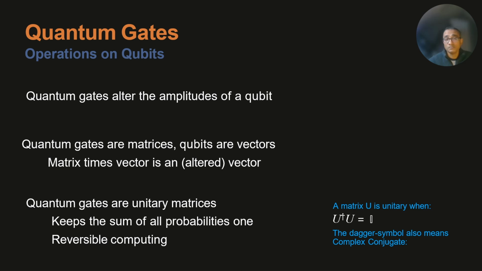How is a unitary matrix represented? It's represented by the symbol U, and when will you call a matrix a unitary matrix? It is when the matrix multiplied by its complex conjugate results in a square matrix with 1 on the diagonal, be it of any dimension.